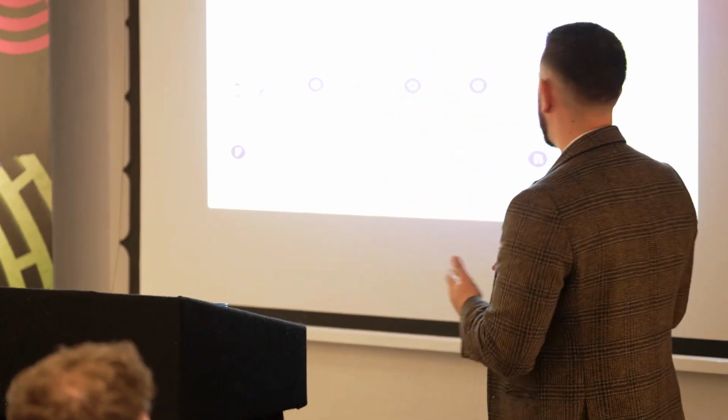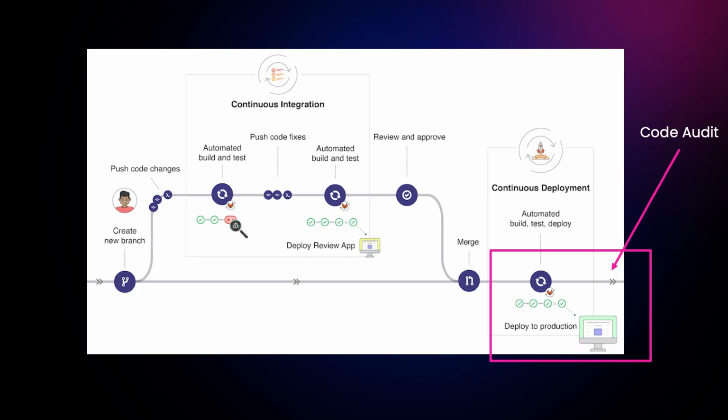So just to frame this, when we think about code audit, you saw Laurie use this slide earlier. So we have a typical CI/CD pipeline, someone's creating a new branch, they're running through automated tests, and they're going to hopefully find some bugs, fix that. They may or may not request a review. Depends how big your team is, depends how mature you are.